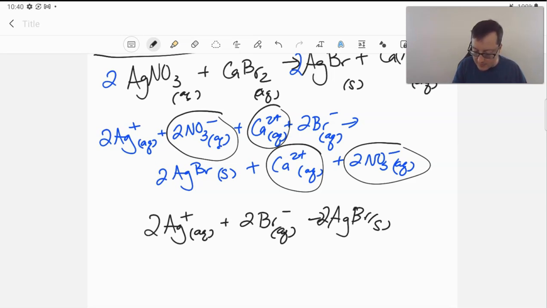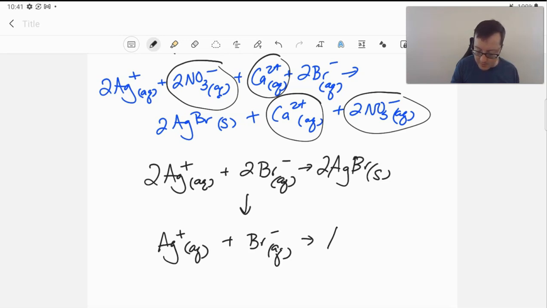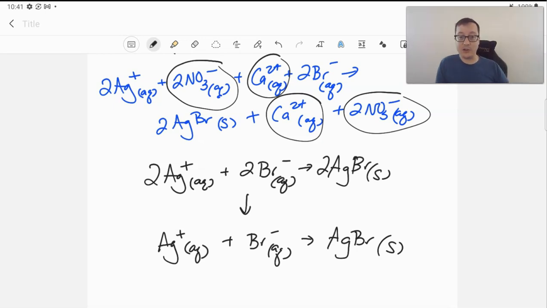And indeed the equation all has 2's everywhere. That's just because of the counter ions involved here. Our net ionic equation we could keep as this, but generally speaking we'll reduce it. So we'll have silver plus bromide turns into silver bromide, solid. So this is the net ionic equation.